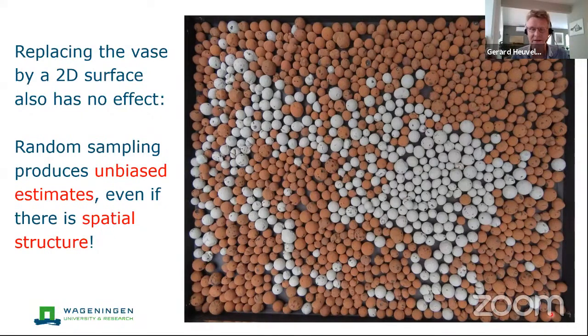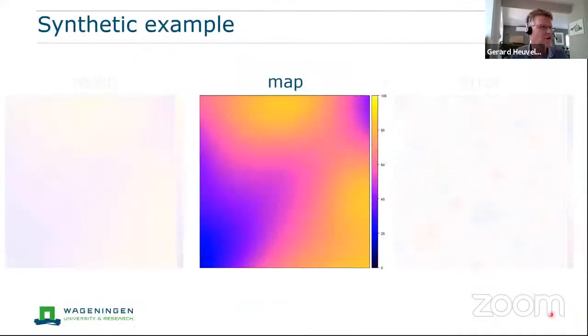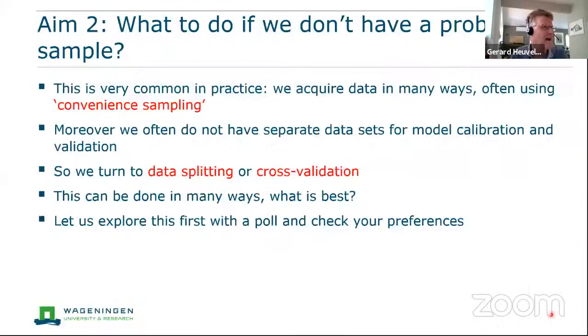I'm not saying that it's the best you can do. Maybe there are ways of doing a better job by taking the spatial structure into account, and that is something we discussed later on in the second aim of this talk.